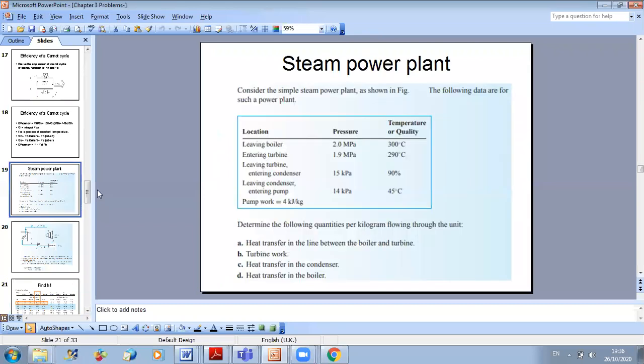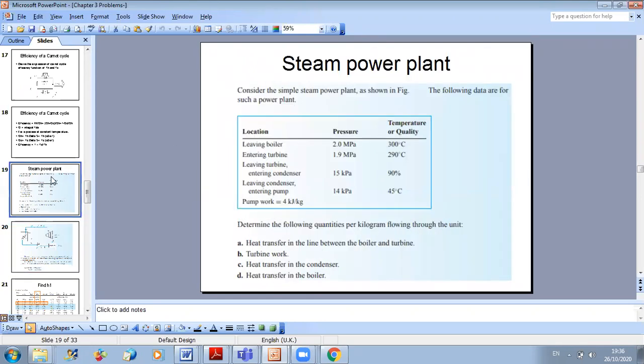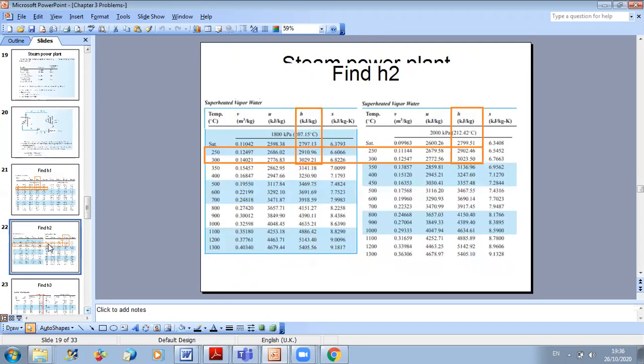Now we move to H2. State 2 is the point at the inlet of the turbine, characterized by 1.9 megapascal and 290 degrees. So also we will go to the superheated tables.